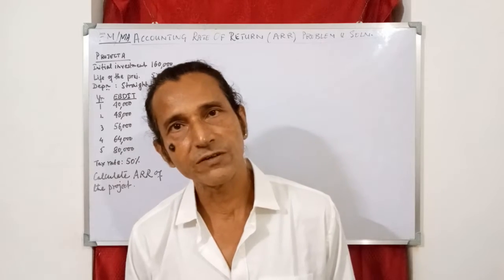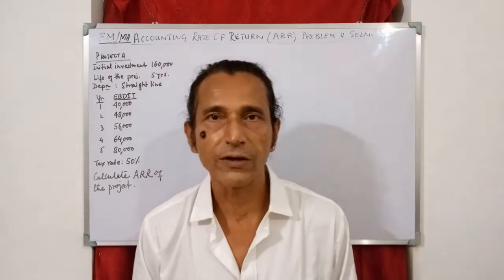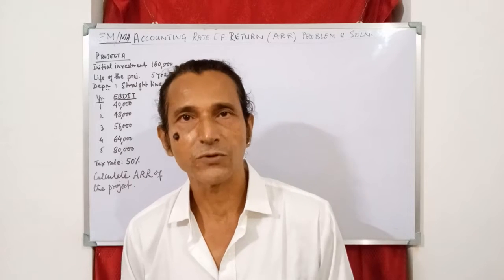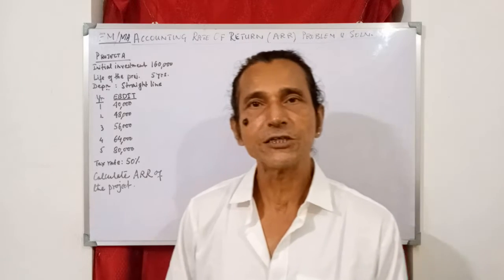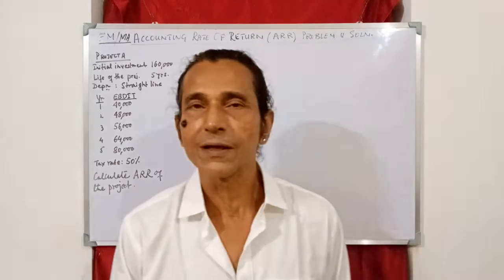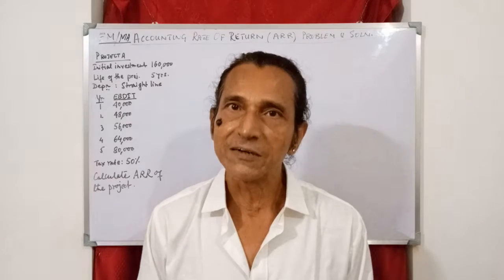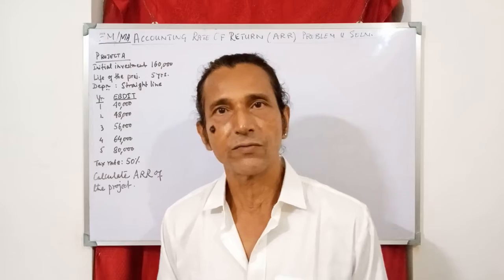And what is average value of investment? That is the initial investment plus the book value at the end of life of the project divided by 2 is the average investment. So when average profit of the project is divided by average investment and multiplied by 100, we get the ARR, accounting rate of return.